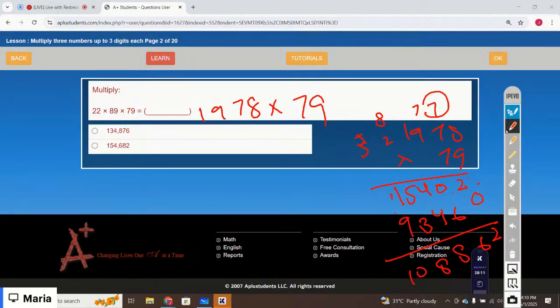I think I made a mistake just because of the limited space I have.